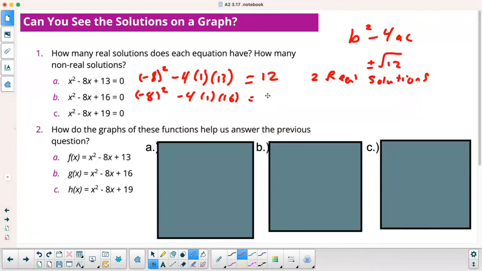So that's going to give me 0. So if you add or subtract square root of 0, okay, you're going to get the same number. So this would be 1 real solution. And the last one, negative 8 squared minus 4 times 1 times 19.